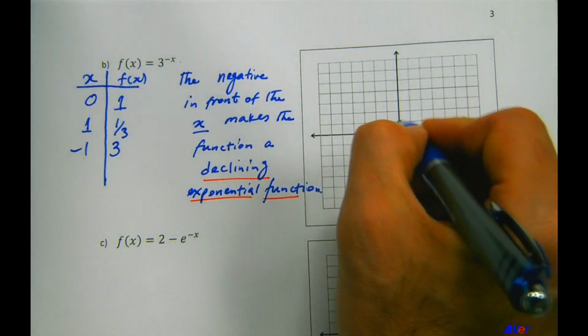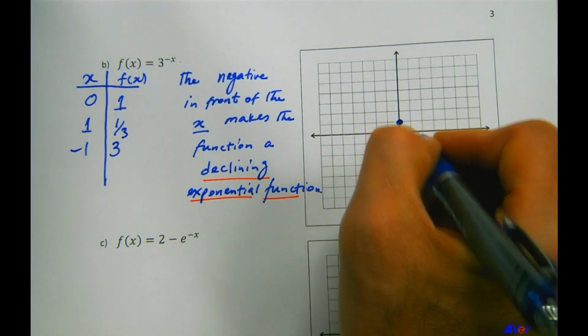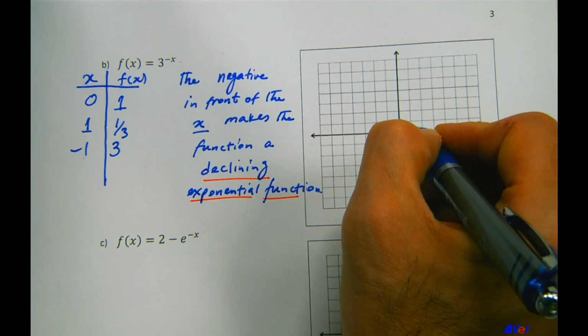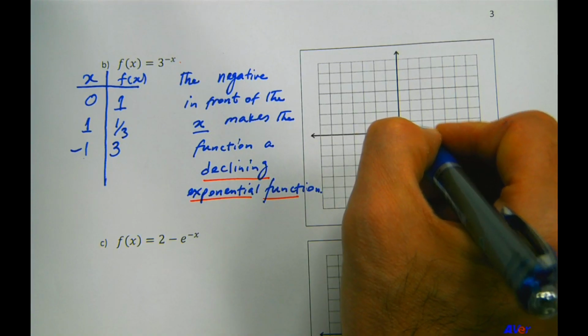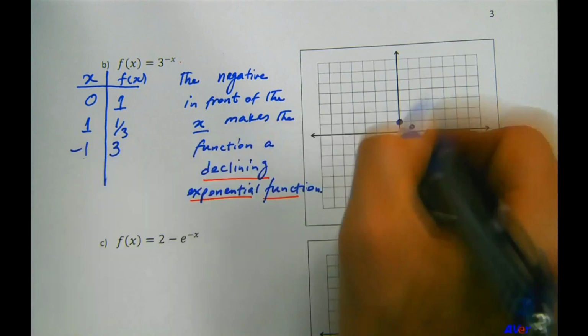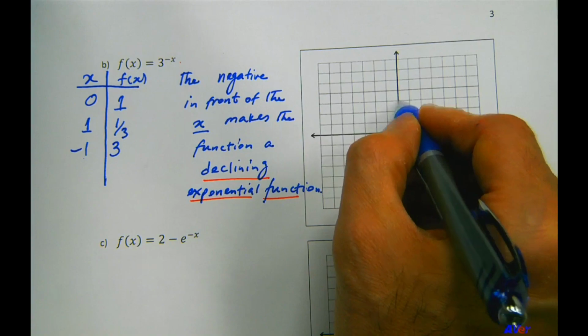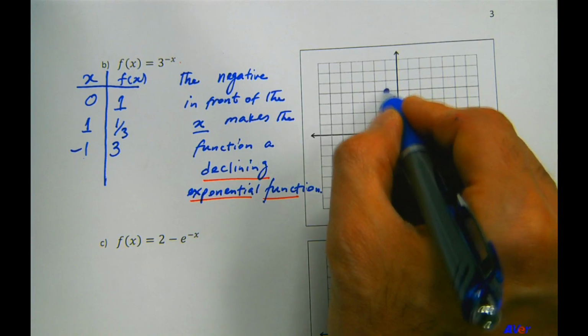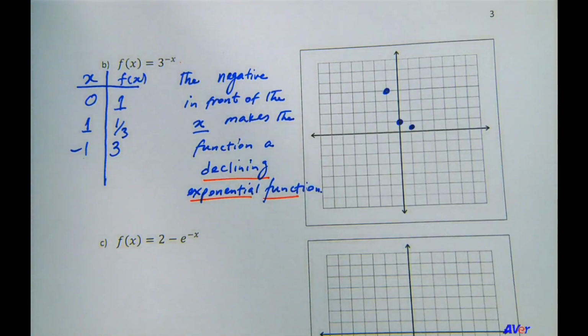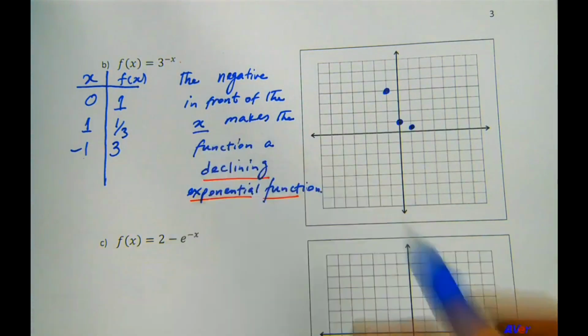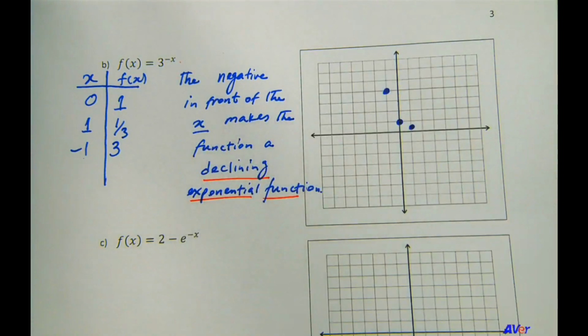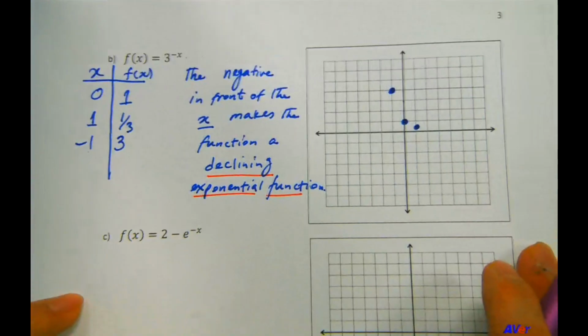So 0, 1 would be there. 1, 1/3 would be here, roughly here. -1, 3 would be -1, 1, 2, 3 would be here. I think this is enough for us to graph this, right? We know it's declining, and these 3 points give us a pretty good idea how this graph should go, right?